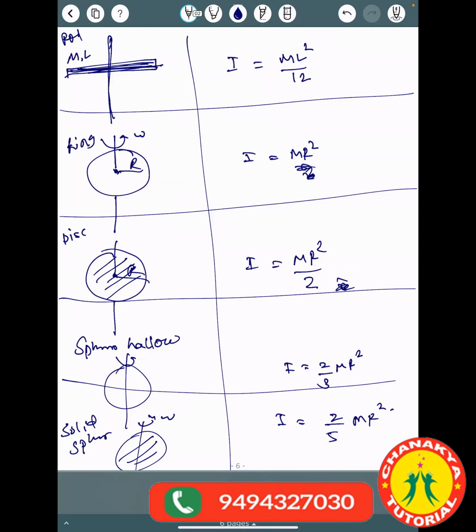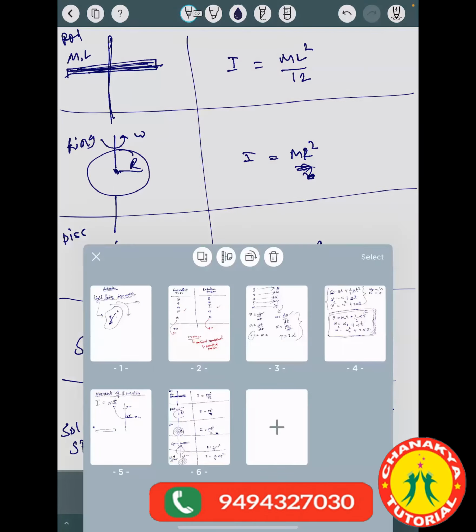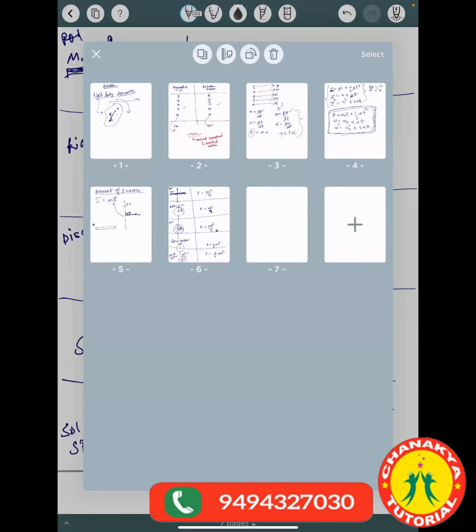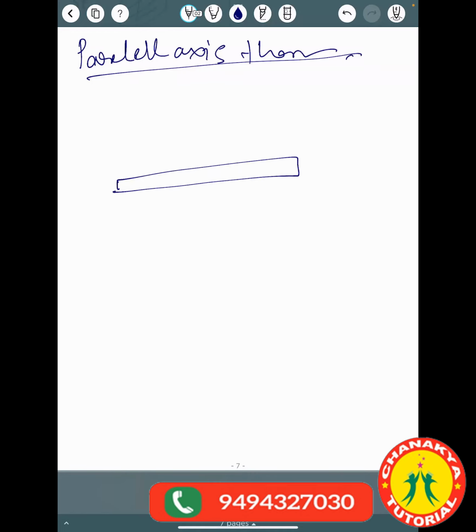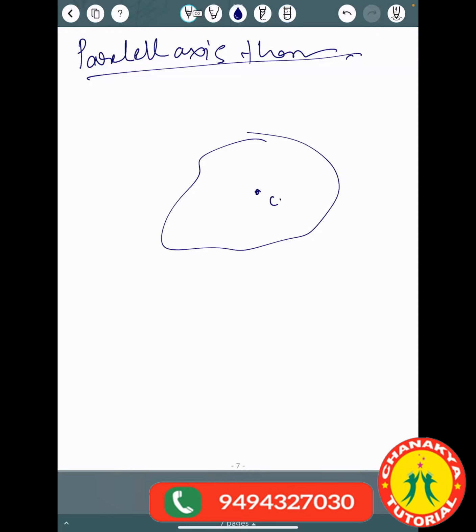Shall I go ahead? Yes, sir. There is a theorem, the parallel axis theorem. What it says is, for any object, let us say this is the center of mass.